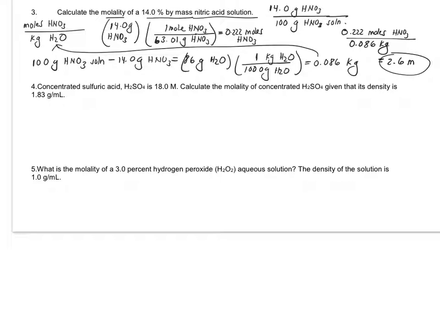In the next problem, I have a concentrated solution of sulfuric acid that is 18 molar. We want to go from molarity to molality of this sulfuric acid solution given the density of the solution. So I want to determine the moles of sulfuric acid over the kilograms of water to get the molality.